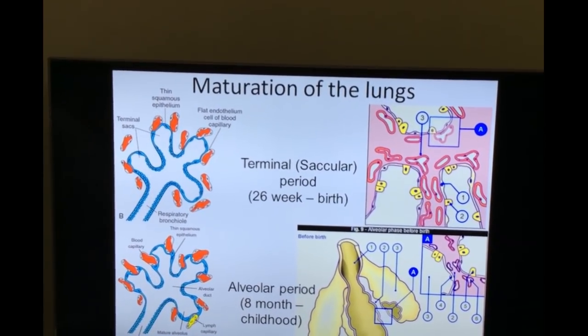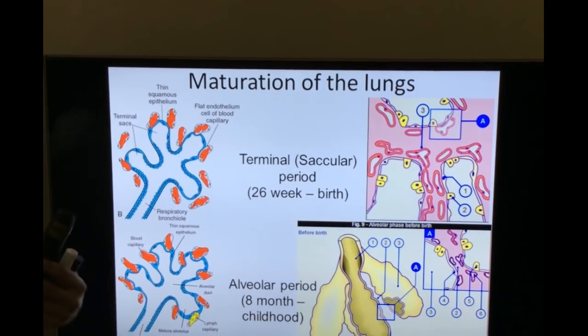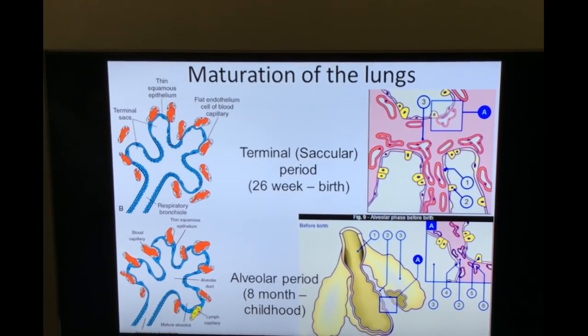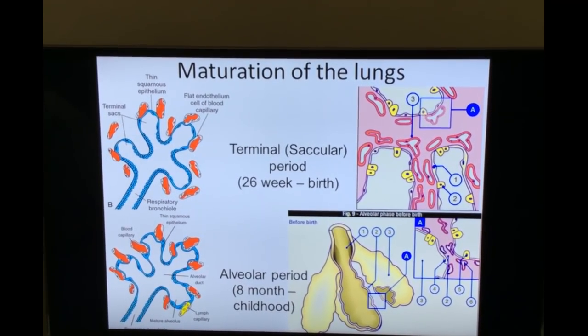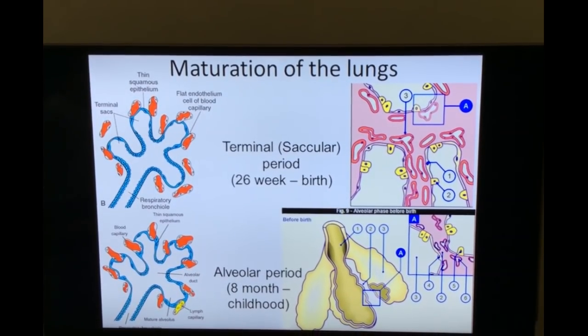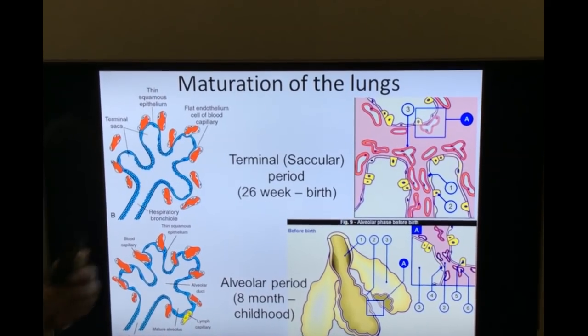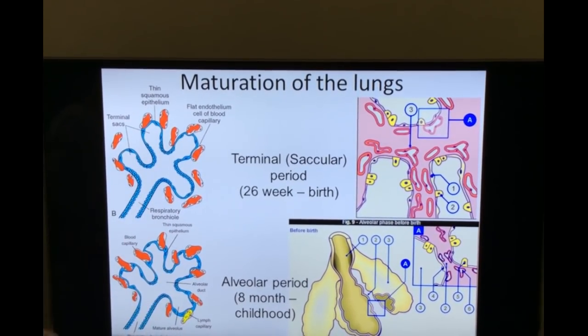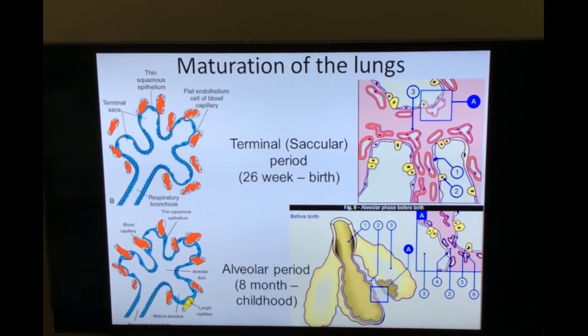They also say that this surfactant influences the contraction of the uterus. They say that the surfactant enters the amniotic fluid, and from the amniotic fluid it enters through the chorion into the mother's uterus, and it also influences uterine contraction. So that is one of the functions of the surfactant.